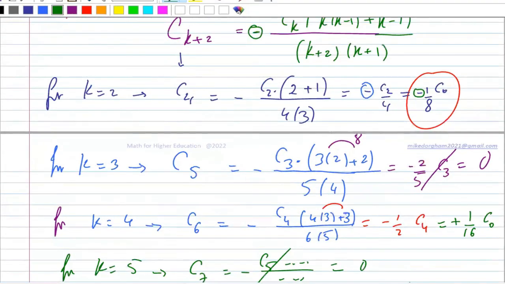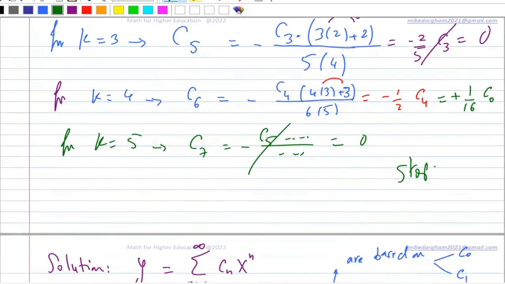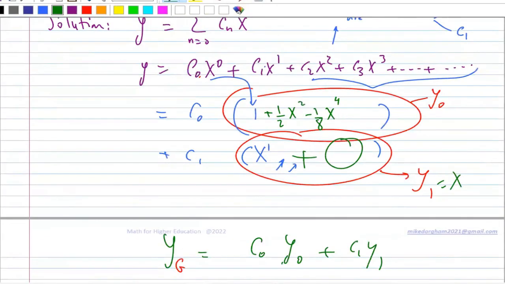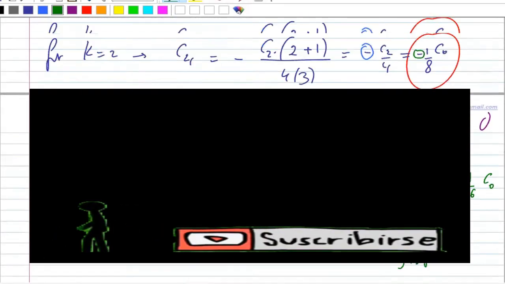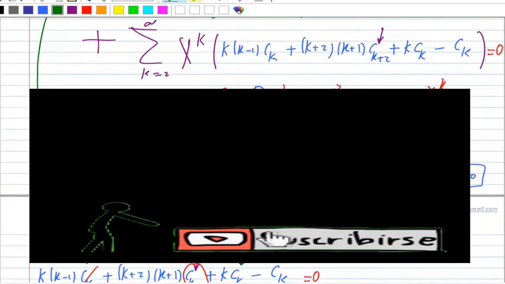You see how I am dealing with it? Now I even got C6, which is 1 over 16 x power 6. I went so far, but I'm just explaining. No need to get even to that level. Now, why are those zeros? Because C3, C5, the rest are all zeros. For that reason, that one remains. Perfect. This is what you expect as the scenario of solving a power series differential equation.